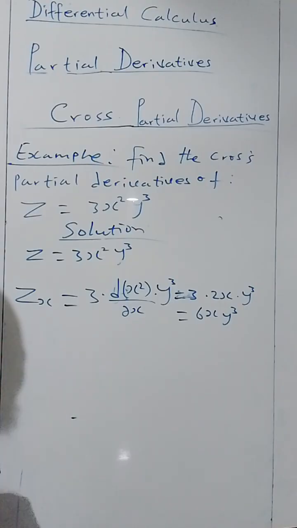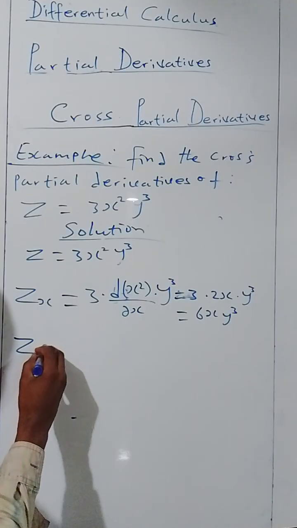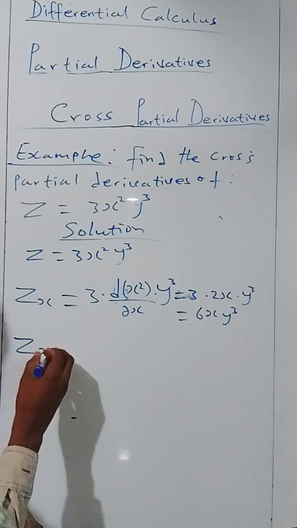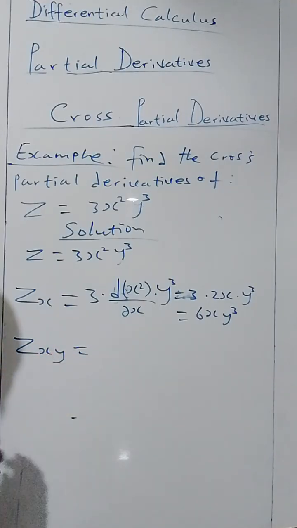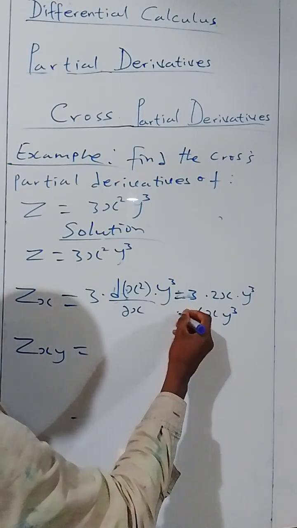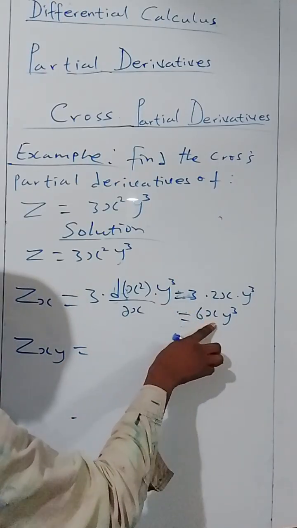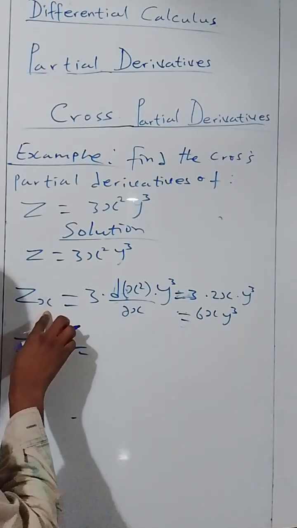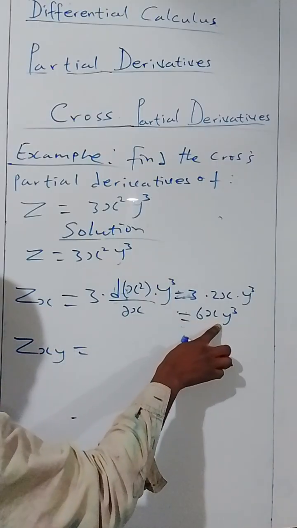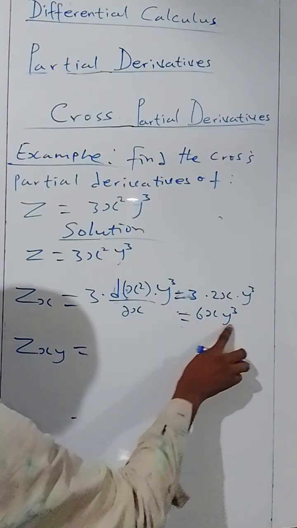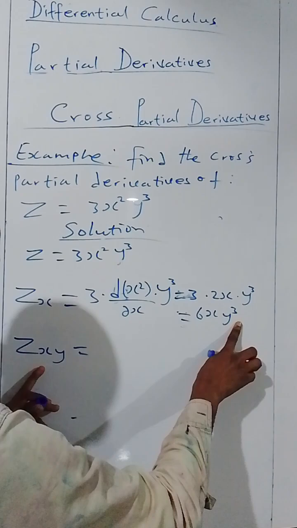Now, if I want to find the cross partial derivative of this, z sub xy, what I'm going to do is that instead of differentiating this first order partial derivative with respect to x again, I'm going to differentiate with respect to y. So my focus will now be on y at this stage.